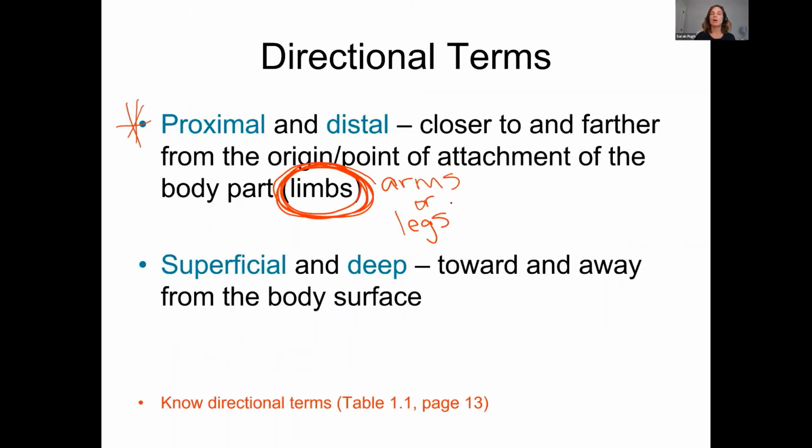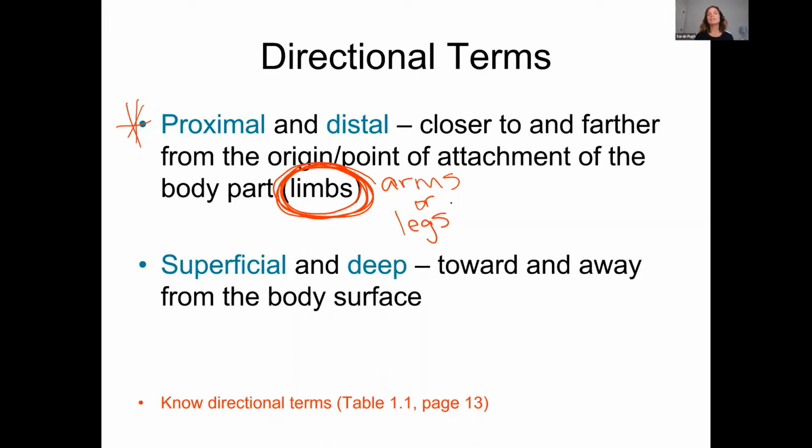Whereas proximal and distal are the terms you use when you're talking about the limbs. You would never use superior and inferior here if you're talking about something on the limbs. So what these terms mean are proximal just means it's closer to the point of attachment, and distal means it's farther from the point of attachment.